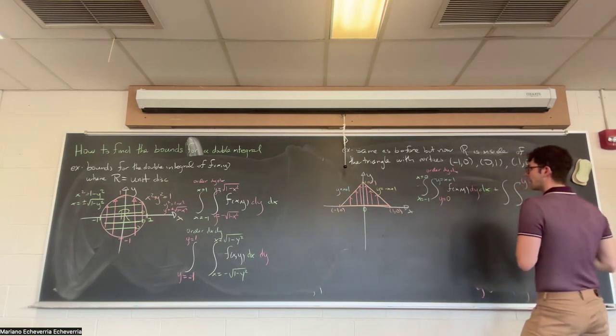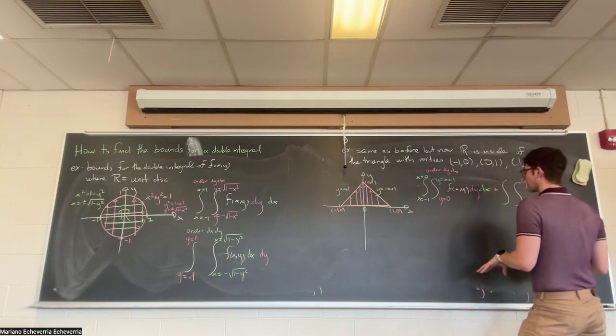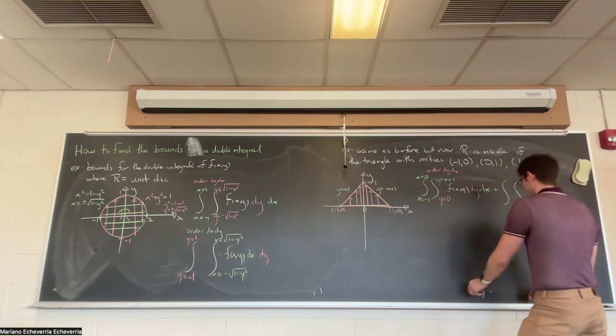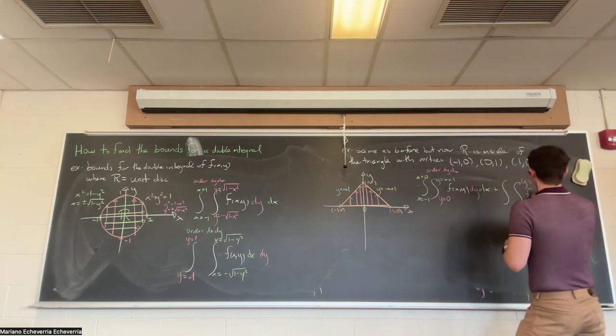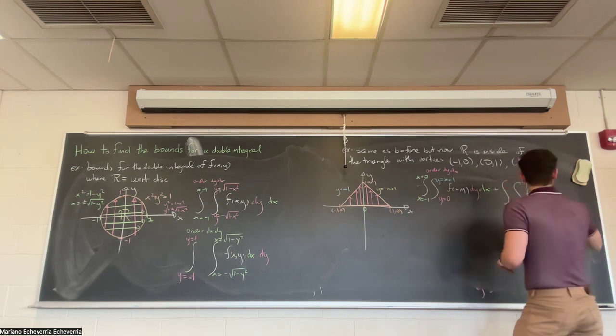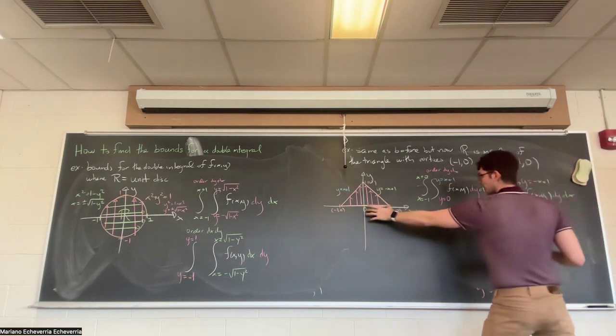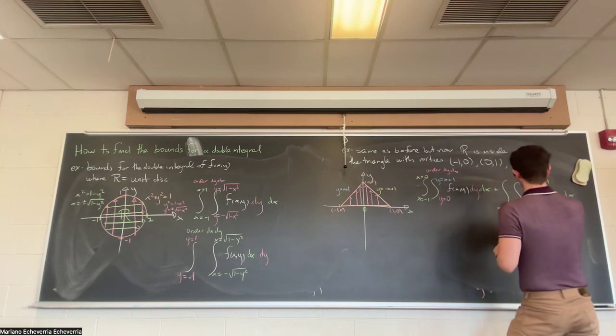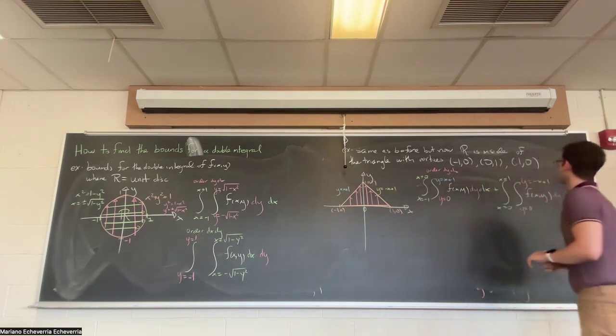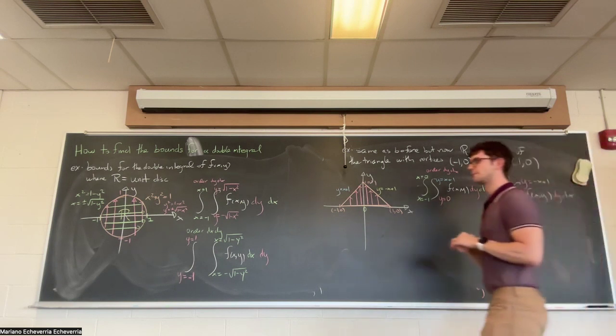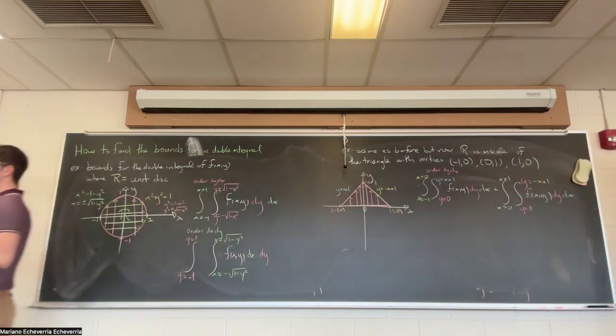And then, sorry, let me write the f thing. Let me write f of x comma y dy dx. And for which values of x does this occur? It occurs when x is going from 0 to 1. So that would be the second half.